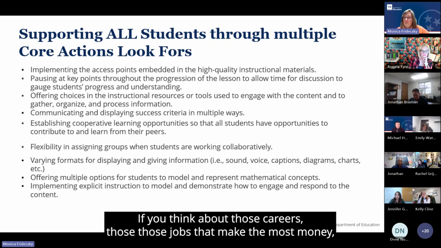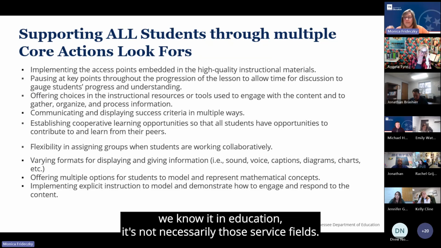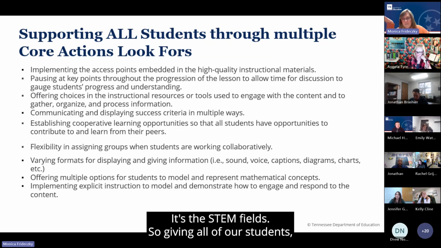If you think about those careers, those jobs that make the most money, we know it ain't education. It's not necessarily those service fields. It's the STEM fields.